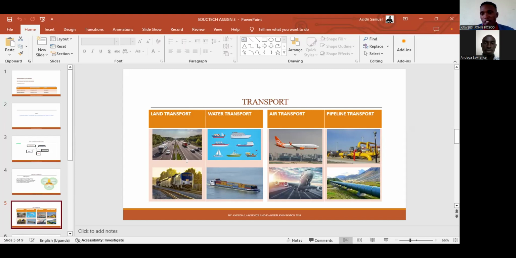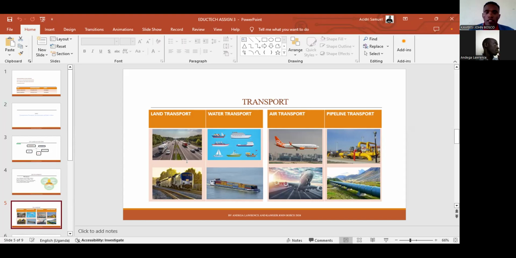Yes, thank you so much, my student Lawrence. That is the real definition of land transport, where materials, people, goods move from one place to another through land by use of various means, for example, trucks, lorries, and others.